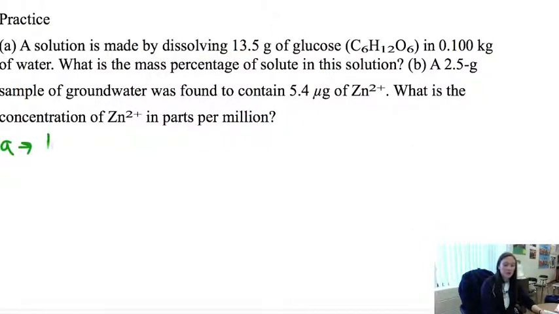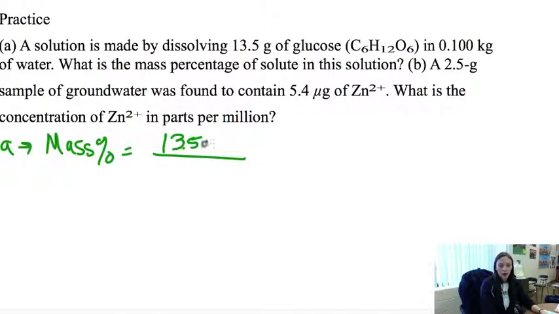I want a mass percent, so I need the mass of my compound, 13.5 grams, because that's my solute, in 0.1 kilograms. You do have to have the same unit. 0.1 kilograms is how many grams? There are 1,000 grams in a kilogram, so you move it over 3 places.